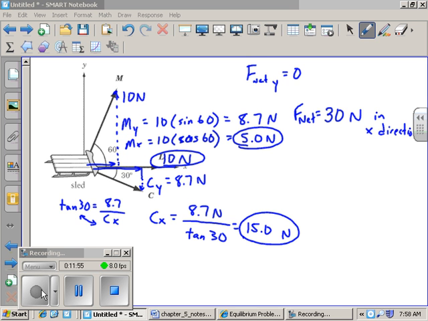Well, the other part of this problem asks you to calculate the acceleration. If we know the mass, it's a 10 kilogram sled, then this 30 newtons must be equal to the mass times acceleration, 10 times a. So a, therefore, is 3 meters per second squared.